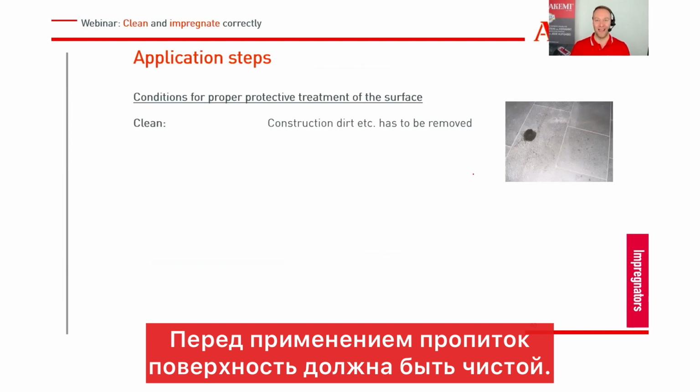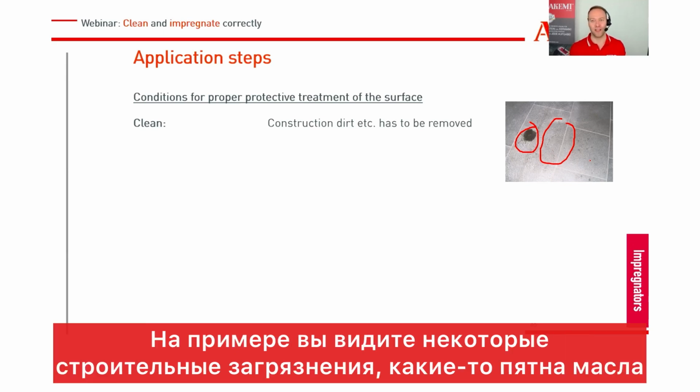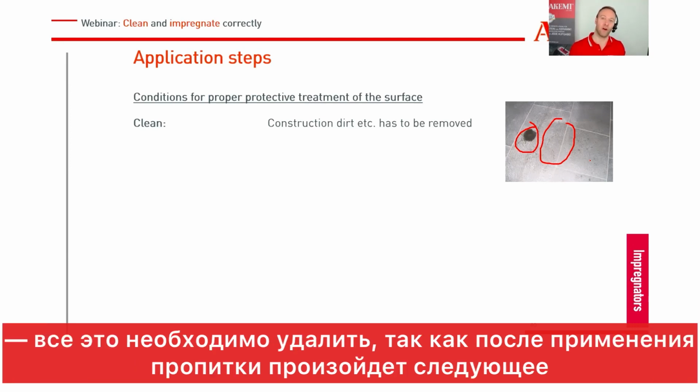The stone must be clean. Like here you see some construction dirt, maybe some oil, I don't know what. Clean the surface and remove all the stains, because all stains which you have not removed before the impregnation will be much harder to remove afterwards, sometimes impossible.